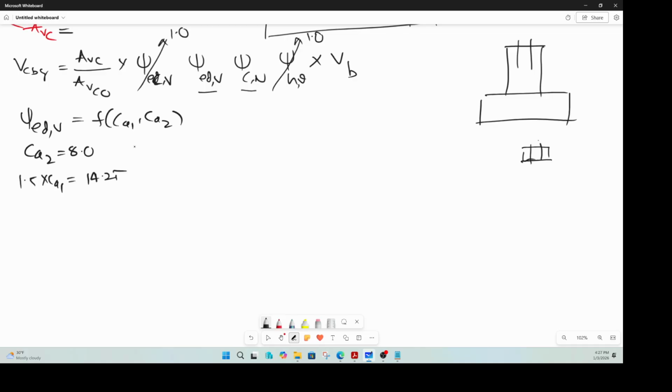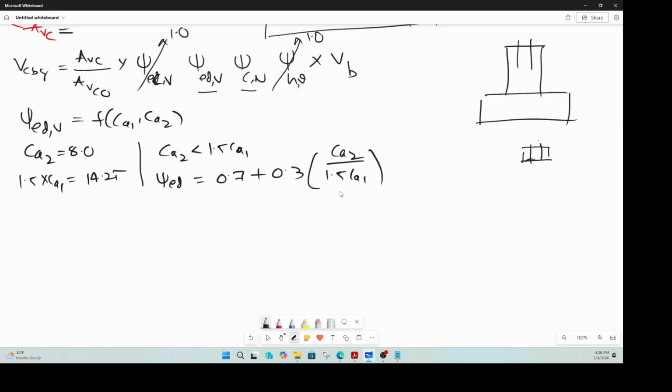Now, we'll go back to the code in a moment, but when CA2 is less than 1.5 times CA1, then CED has to be calculated as 0.7. This is all there in the code. You don't have to memorize anything. CA2 by 1.5 times CA1. So where is that in the code?